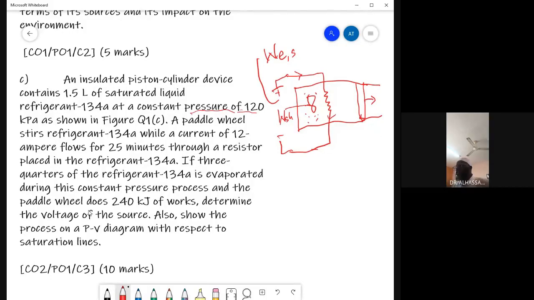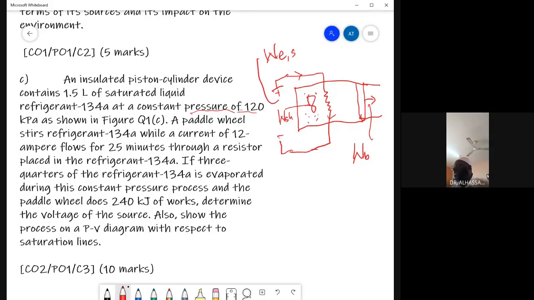Otherwise, there is no way we can maintain a constant pressure if the piston does not move. So we assume that this is a frictionless piston cylinder arrangement. So the piston moves, which means there is boundary work also associated with this movement. This is called WB, the boundary work.